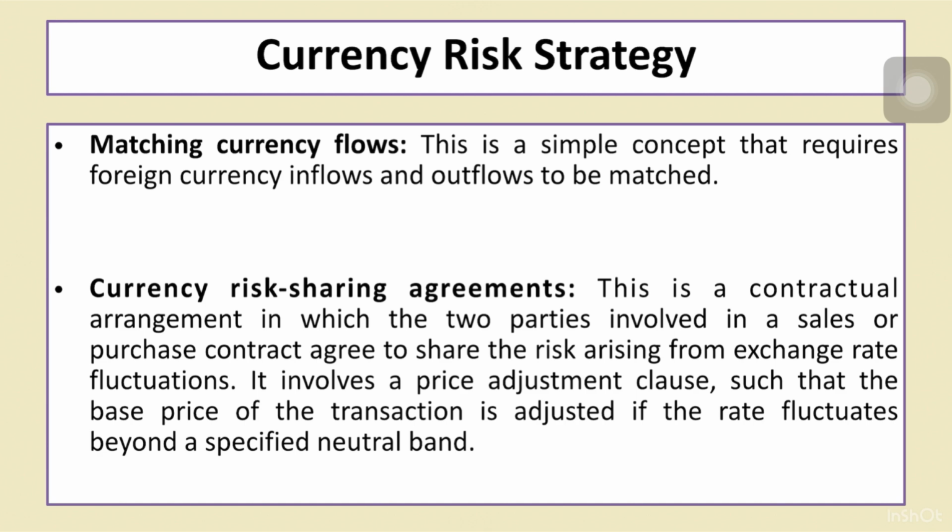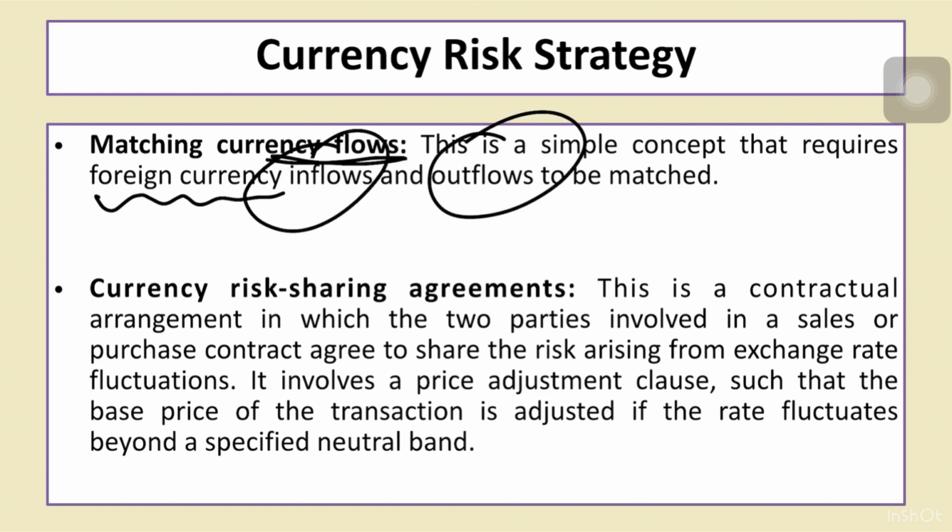Now we are going to discuss about the currency risk strategies. The first strategy under this is matching currency flows. So that means a company is required to match its foreign currency inflows and outflows, right? Let's understand this with the help of an example. We have US based company.